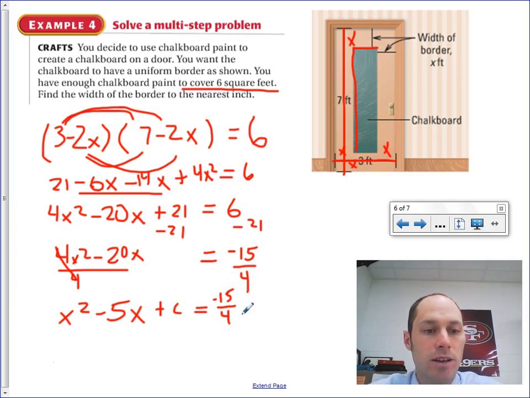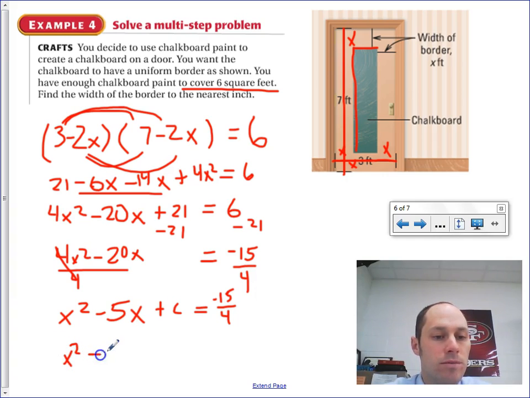So now our c value, remember we take this negative 5 and divide it by 2. It'll be negative 5 over 2. And then when we square that, that will give us 25 over 4. So we'll add 25 over 4 to both sides of our equation.